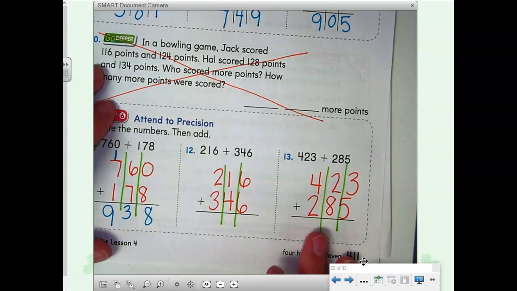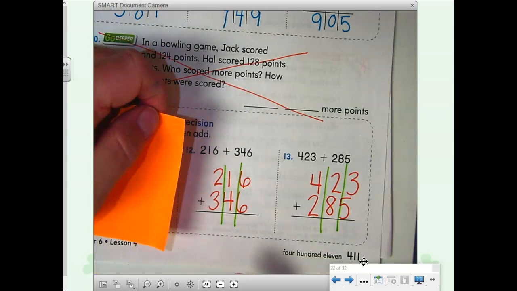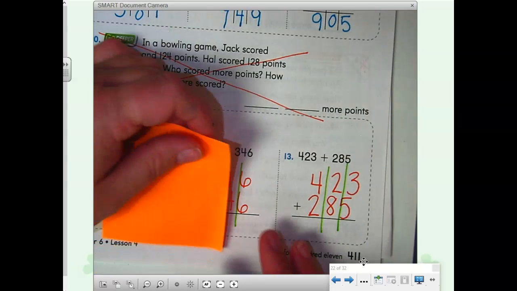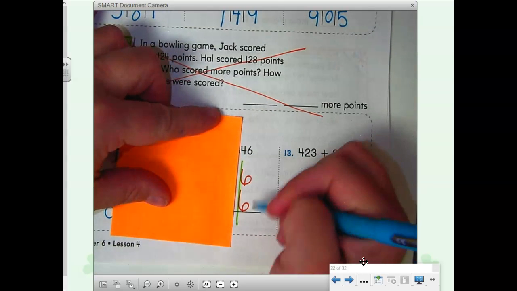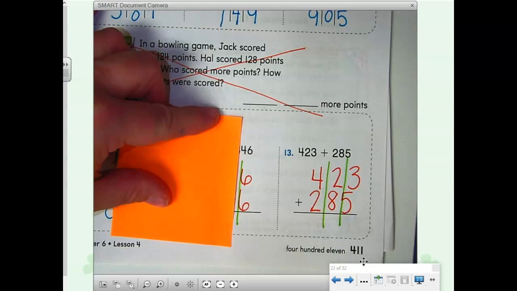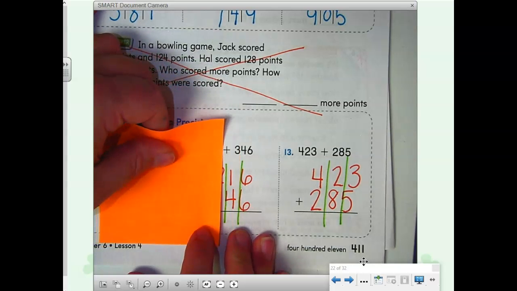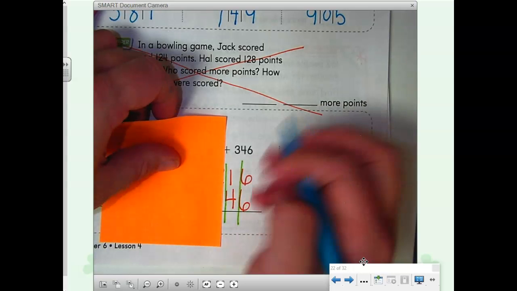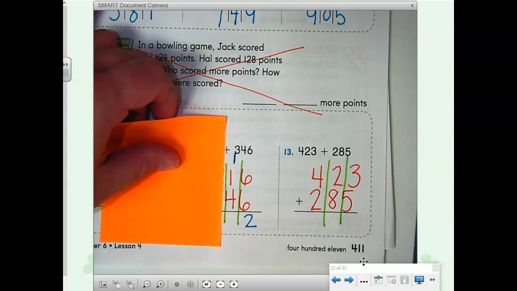Number 12, 216 plus 346. All right, start with your ones. 6 plus 6 is 12. All right, we have to regroup. That's 1 ten, 2 ones.